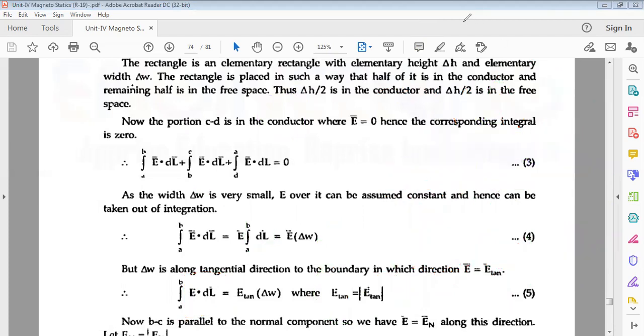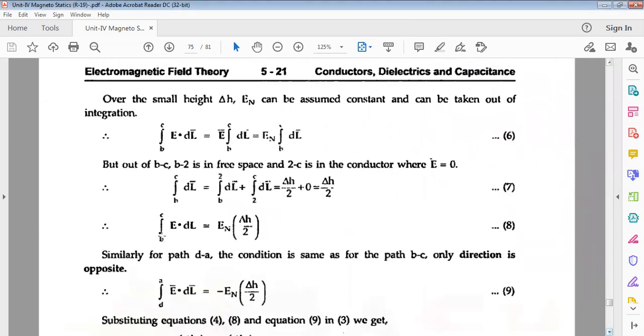So next, the second integral, B to C. E bar into B to C dl bar, En, because the parallel direction is a tangential component. A to B is delta omega, and B to C is parallel to the normal component. So take E bar as En, B to C dl bar.